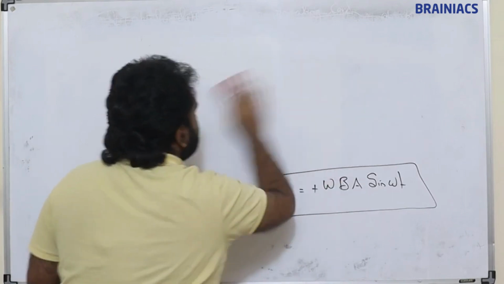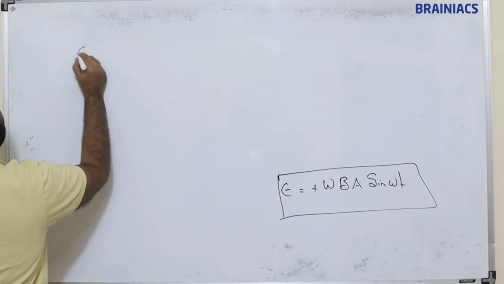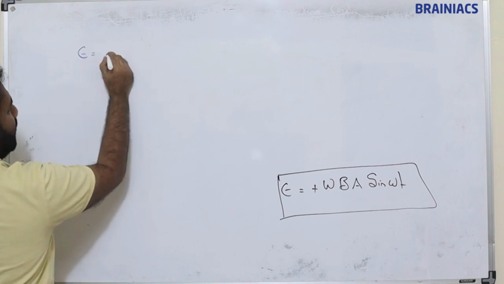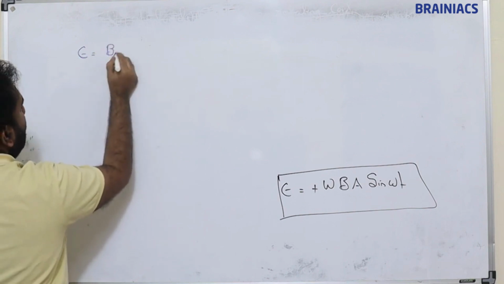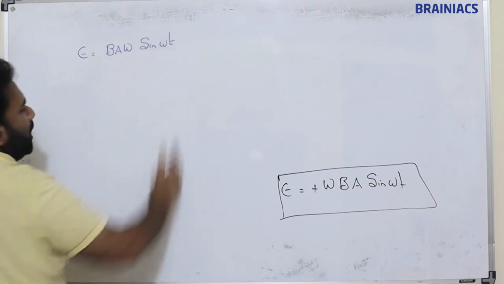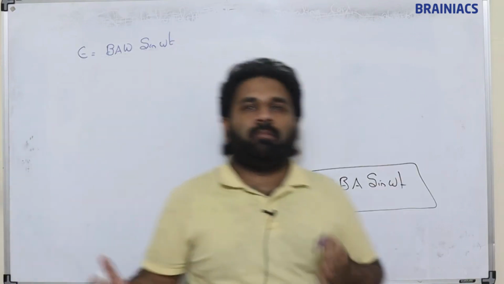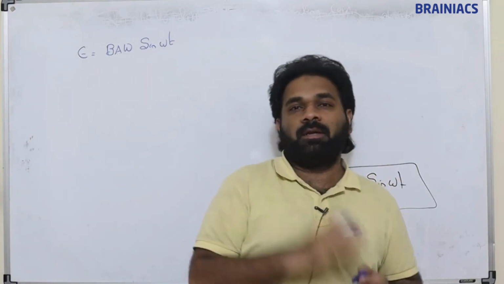So the induced EMF E is equal to BA omega sin omega t. If there are some n number of turns, definitely that will increase the induced EMF.